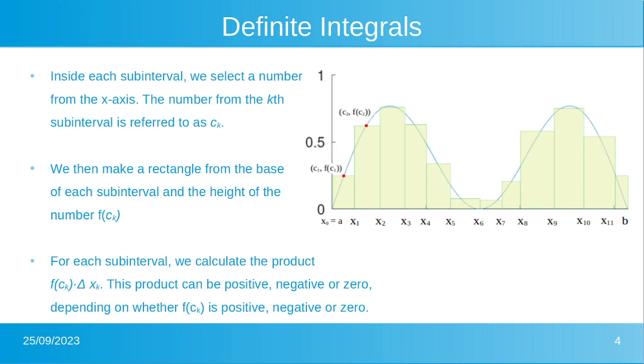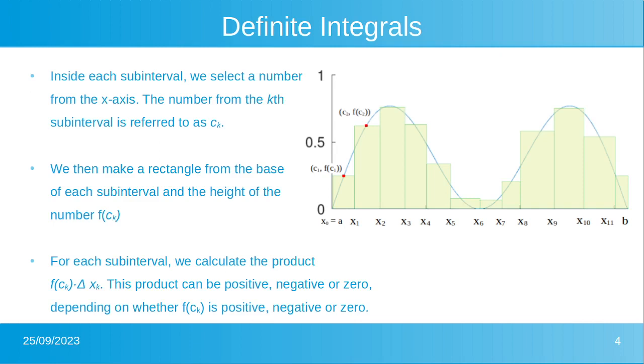And then we construct a rectangle for each sub-interval in the same way. If you have a look at that second sub-interval from x1 to x2, we've selected an x value from within that sub-interval and we've called it c2.